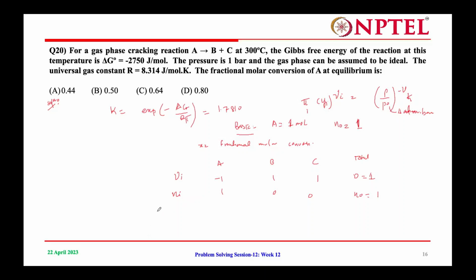At equilibrium, A is 1 minus x, B is x, C is x, and the total is 1 plus x, right? And the mole fractions are 1 minus x by 1 plus x, x by 1 plus x, x by 1 plus x, right?